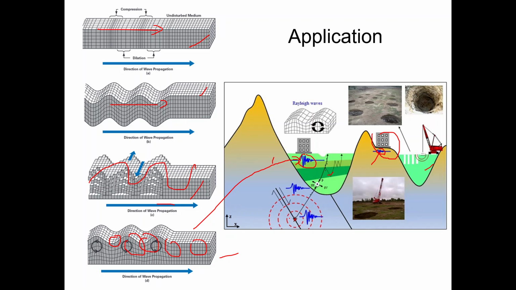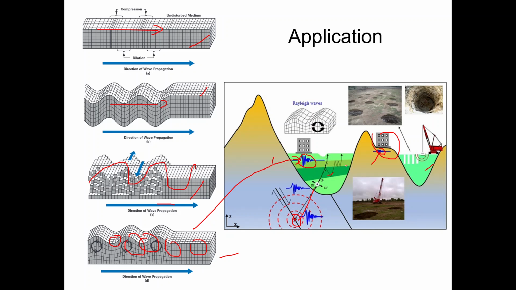If an earthquake happens somewhere, this is the epicenter, the waves propagate, and what happens to the ground is the amplification of the surface wave.